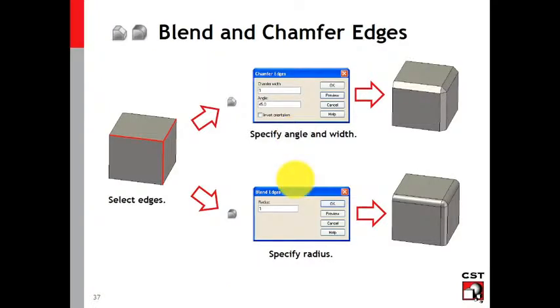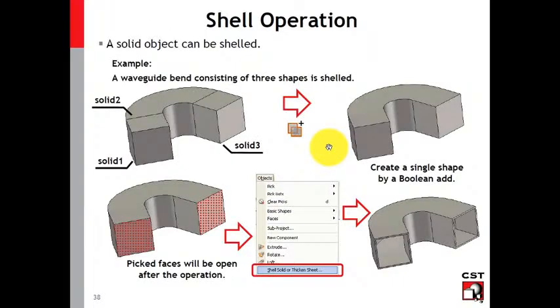The blend to change the edge of it. First, you select the edge, then you press blend or chamfer edge to change it. I will do it also. And the shell operation to make it not have any thickness inside it. So let me do it and go on.